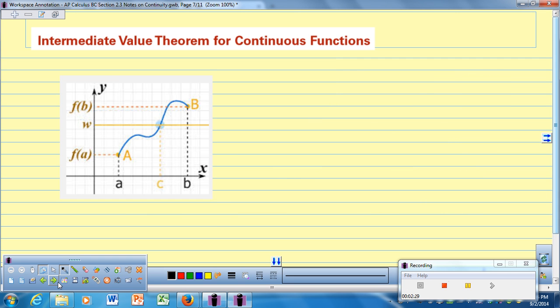All right, intermediate value theorem is a basic idea that we've used before in mathematics, but it becomes very useful in a lot of problems that we deal with in calculus.